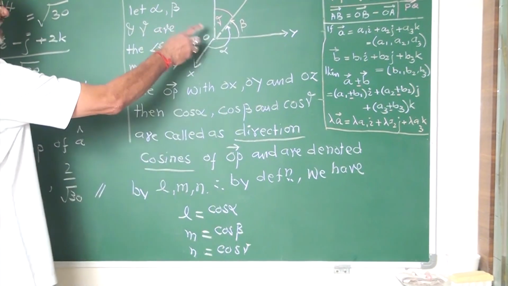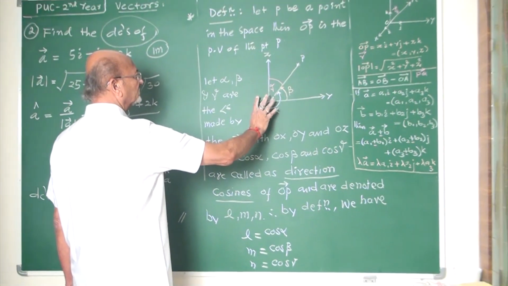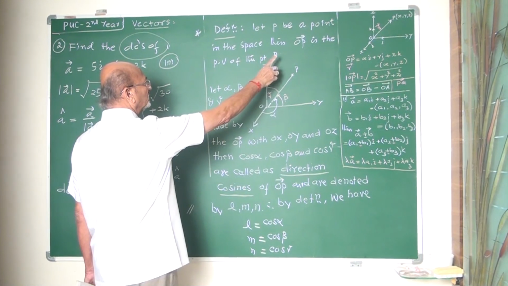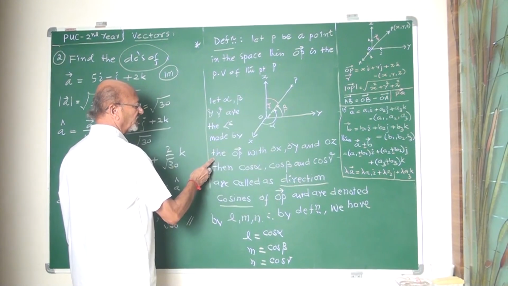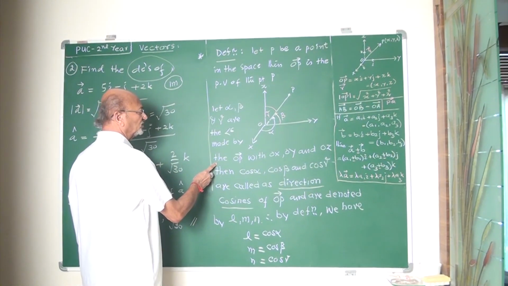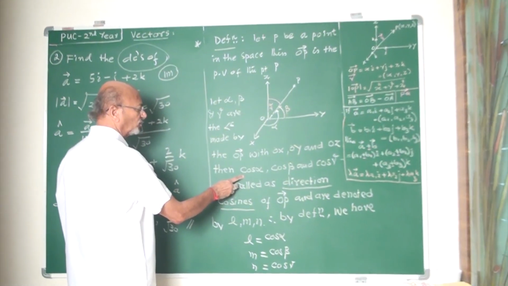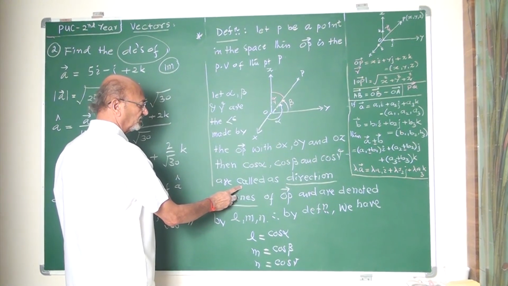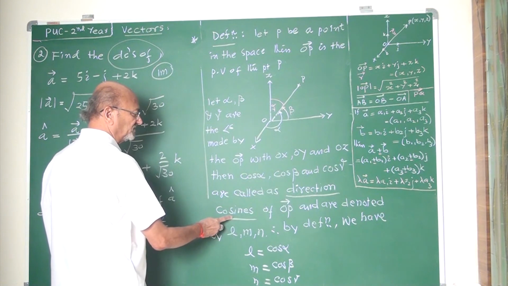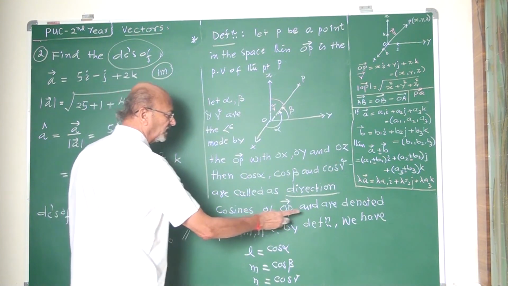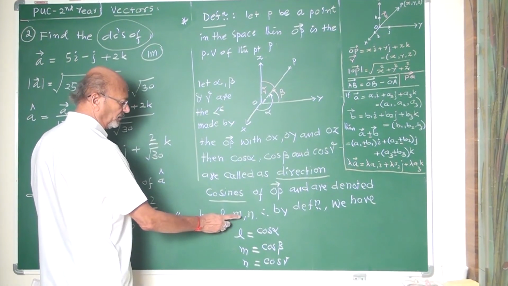Space means OX, OY, OZ, all the three coordinates, 3D. P is a point in the space, then OP is the position vector of the point P. Alpha, beta, gamma are the angles made with these three axes. Then cos alpha, cos beta, cos gamma are defined as the direction cosines of the vector OP, denoted by the letters small l, m, n.